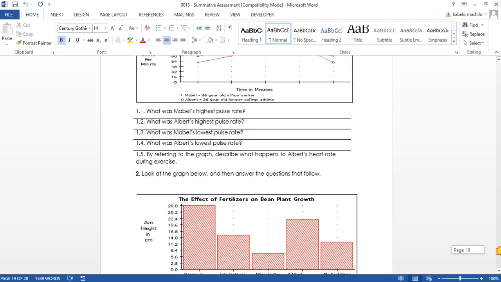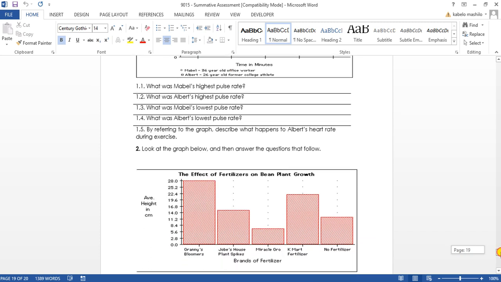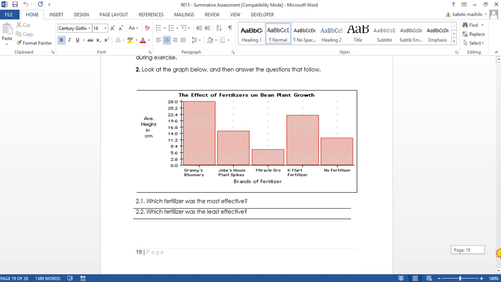Look at the graph below and answer the questions that follow. Which fertilizer was the most effective and which fertilizer was the least effective? So the average height in centimeters and the effect of the fertilizers on bean plant growth.